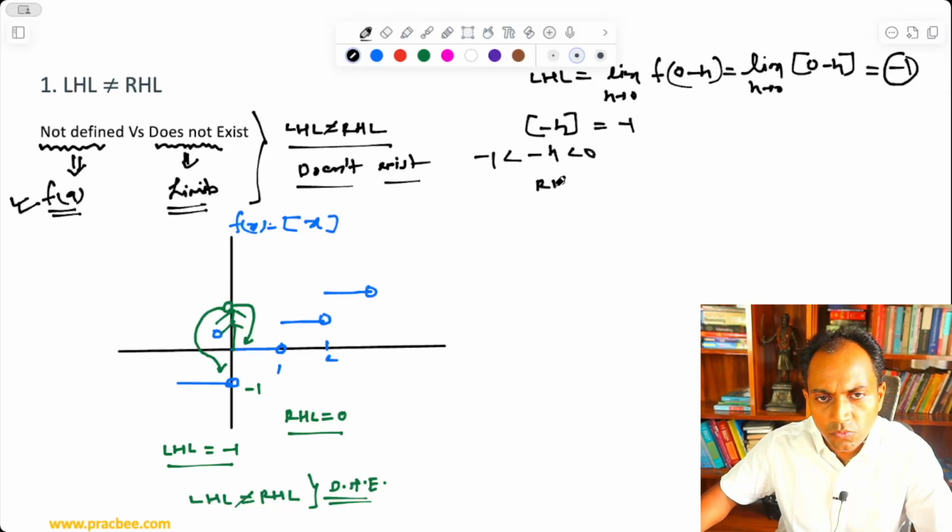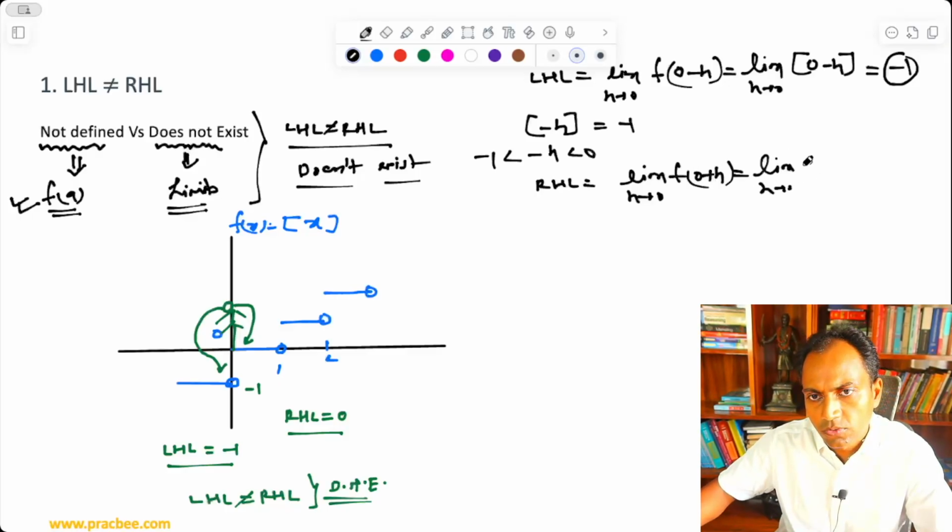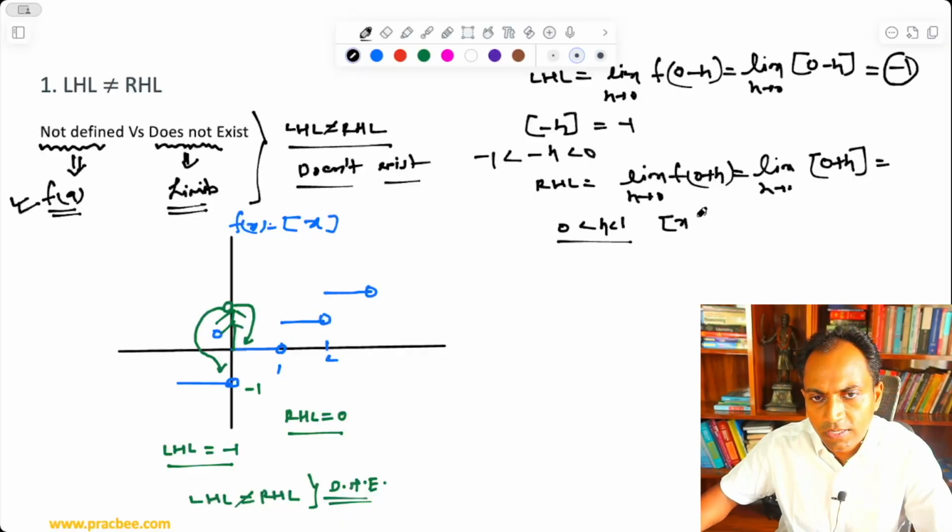Now if I want to find RHL, the expression would be written as limit h tends to 0, f of 0 plus h. This becomes limit h tends to 0, greatest integer function of 0 plus h. You can see that since now the value of 0 plus h lies between 0 and 1, the value of greatest integer function of h would become 0, the answer becomes 0.